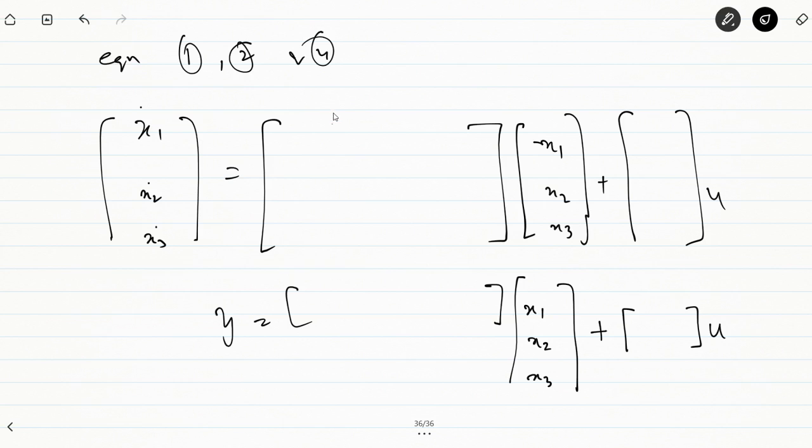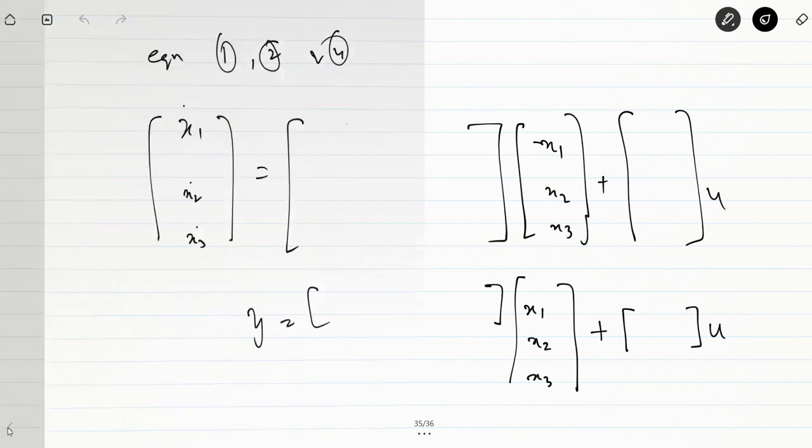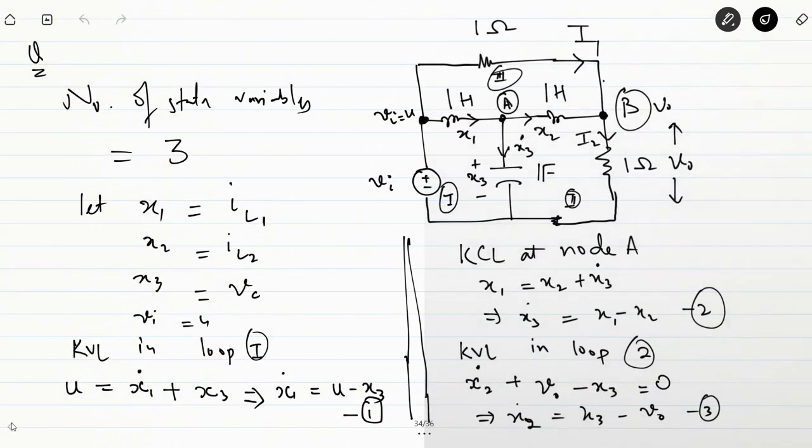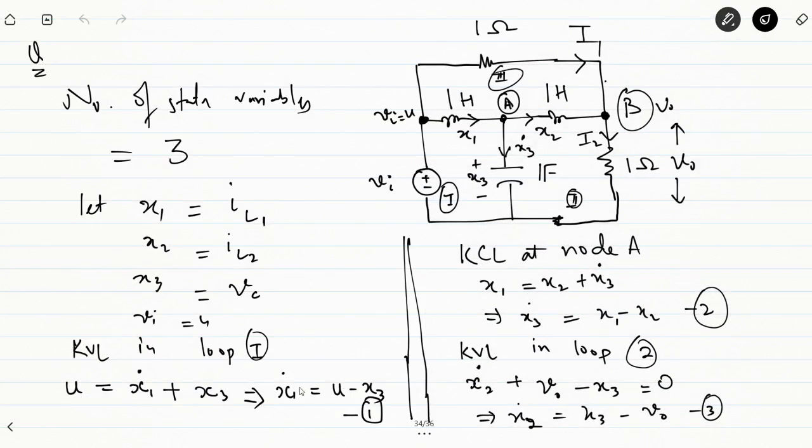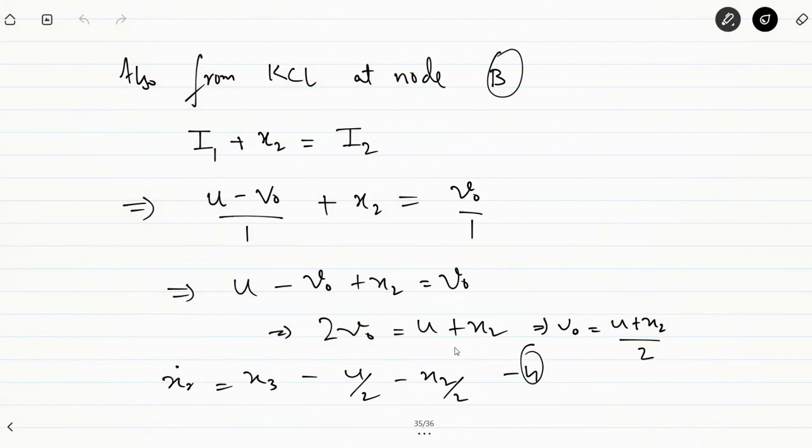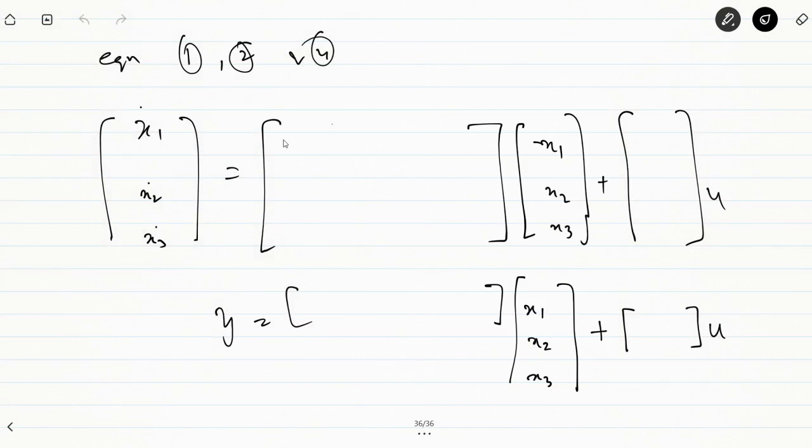So equation 1, 2 and 4, as I said, can be now put in the matrix form. Equation 1 is x1 dot is u minus x3. That's actually 0 times x1 plus 0 times x2 minus 1 times x3 plus 1 times u. So that means x1 dot is 0 x1, 0 x2, minus 1 times x3 and 1 times u.